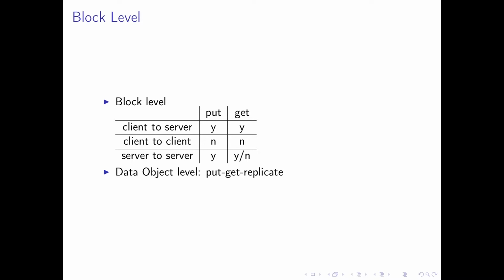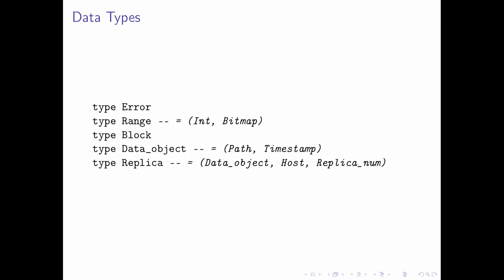We don't need server-to-server get in the current version of the design, but we're evaluating different design choices. Based on this block-level API, we build the object-level APIs so that we can have that symmetry between put, get, and replicate.